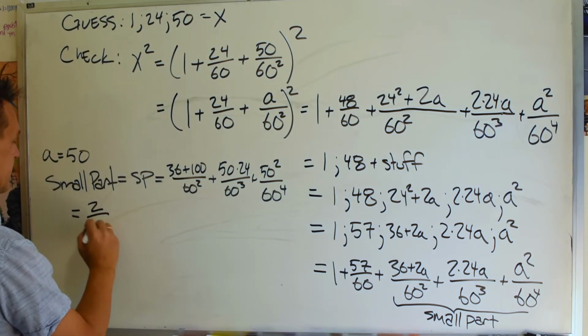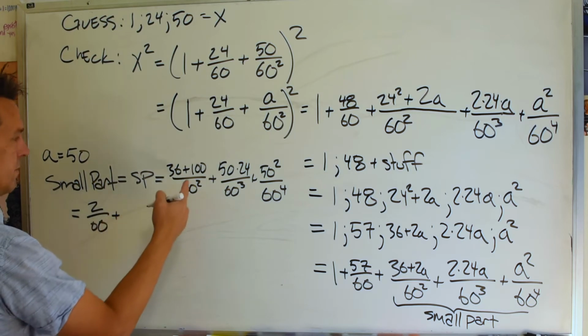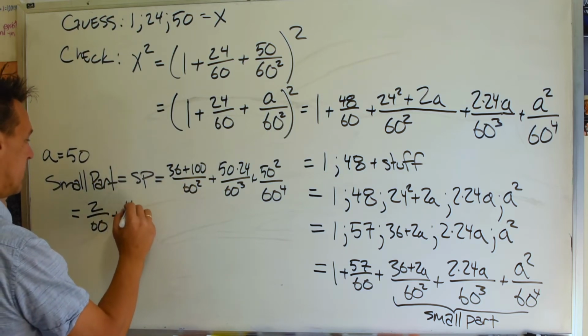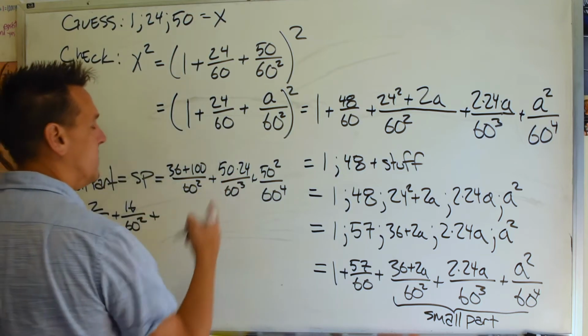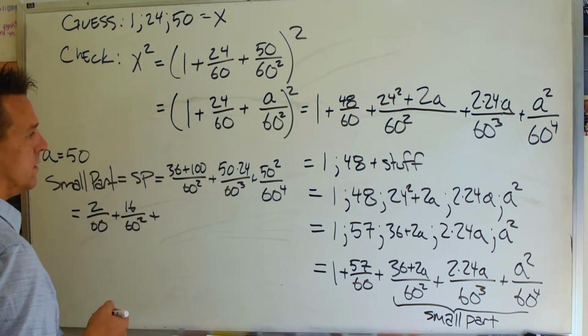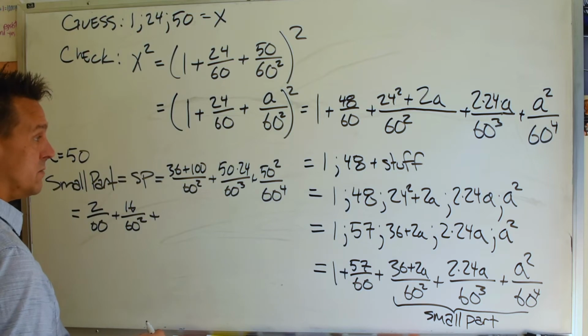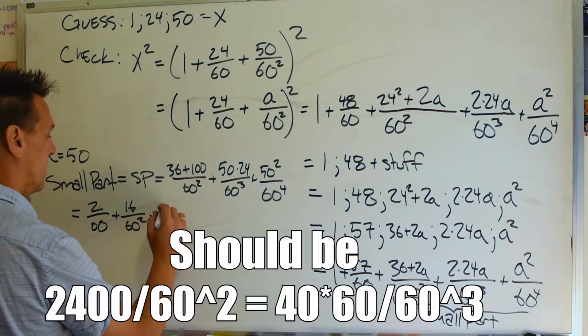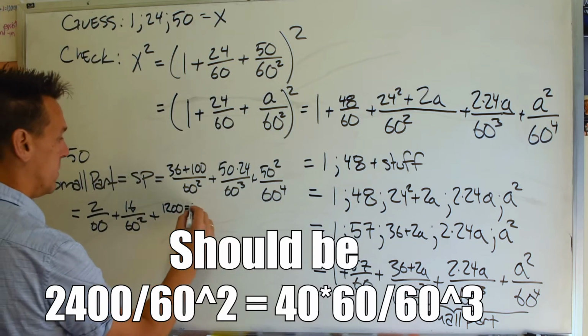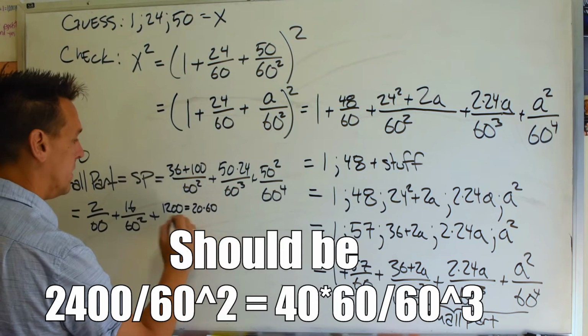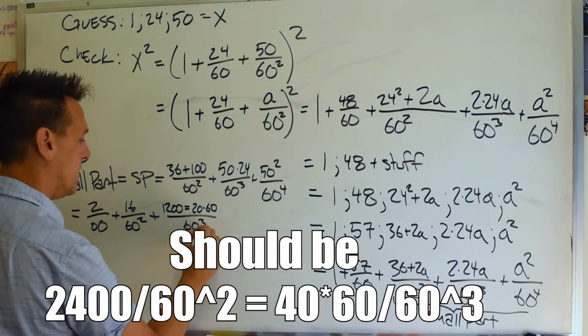So 2 over 60, and then I'm left with 16 over 60 squared, and then 50 times 24 is 100 times 24 divided by 2, so it's going to be 1200, and 1200 is 20 times 60 over 60 cubed.